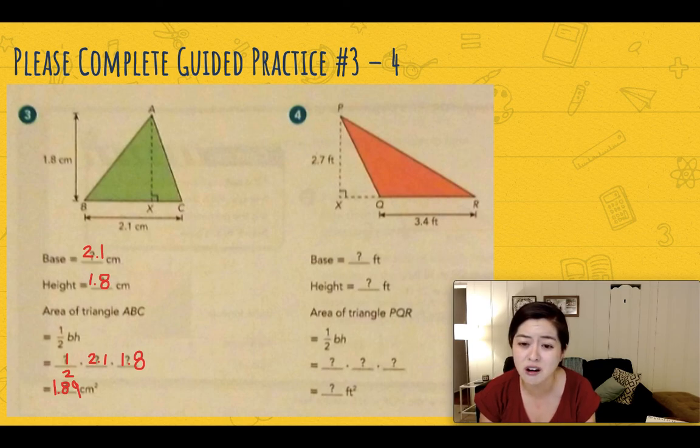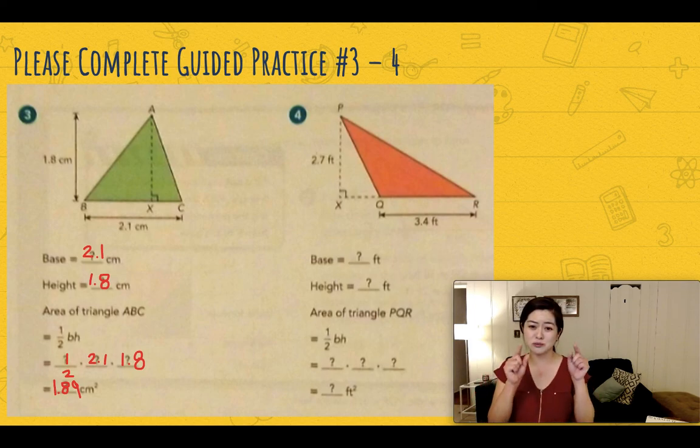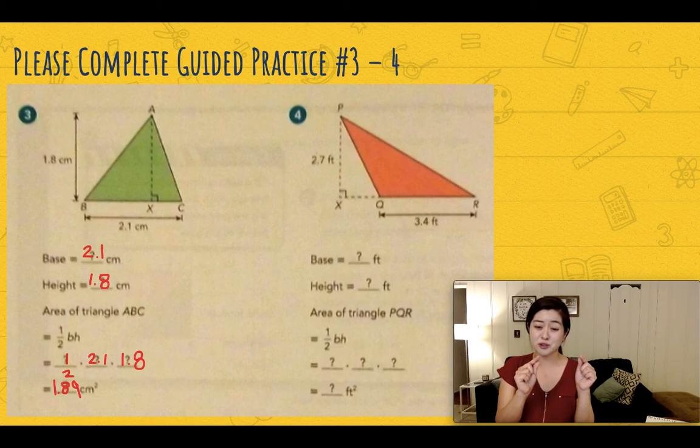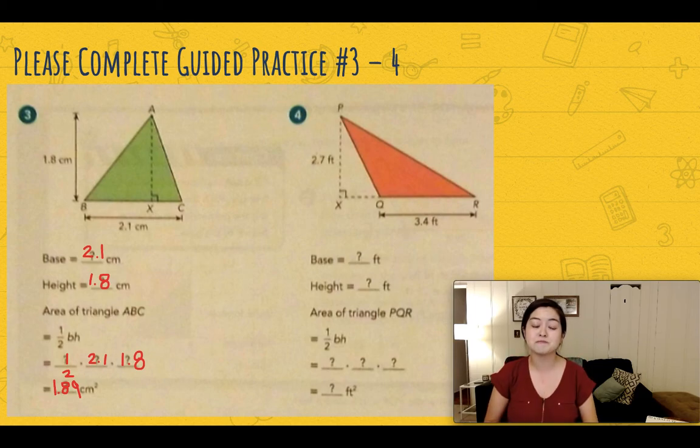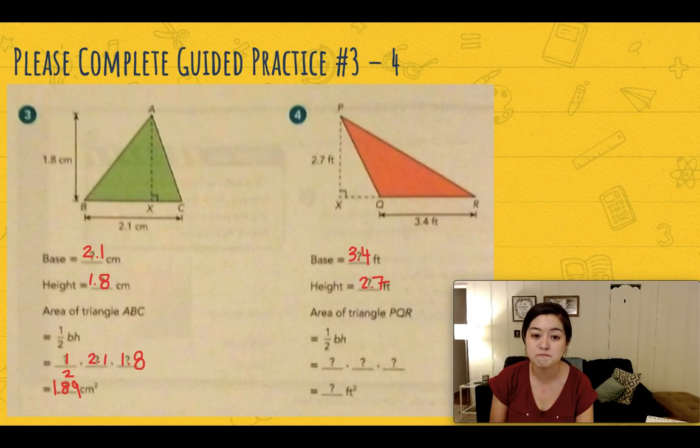XR cannot be the base because you see how there's the part XQ that is extended from QR? That XQ is not part of the triangle. So just be careful with that later on. Now QR is a base, and that's 3.4, and then the height would be PX, which would be 2.7.